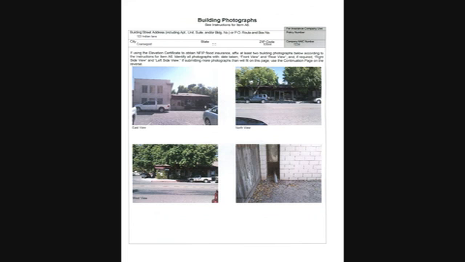Now we print each individual certificate, including the certificate that contains photographs of the structure involved. All this information makes a nice, neat, clean package that you can present to your client.